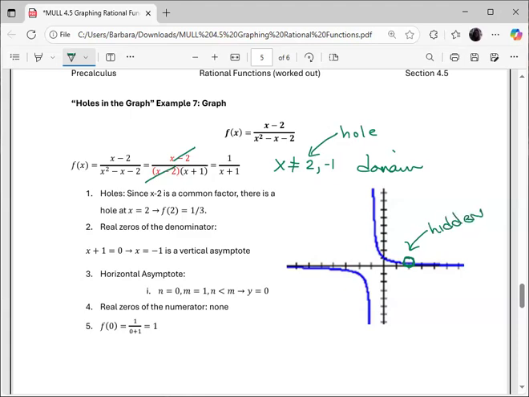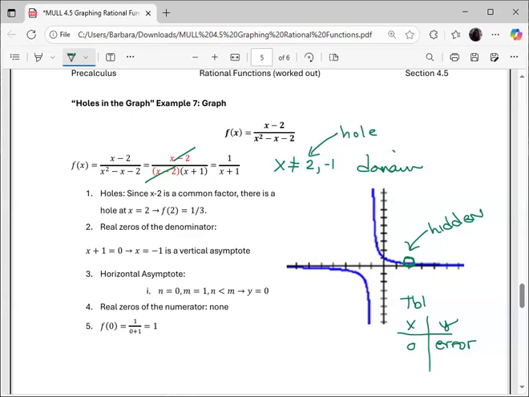The only way to determine that there's a break in the graph is really by going to the table. And when your x is 2 and you get an error in your y, then we know that there is either an asymptote or a hole there.